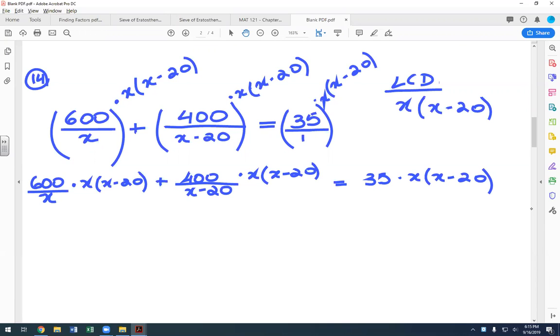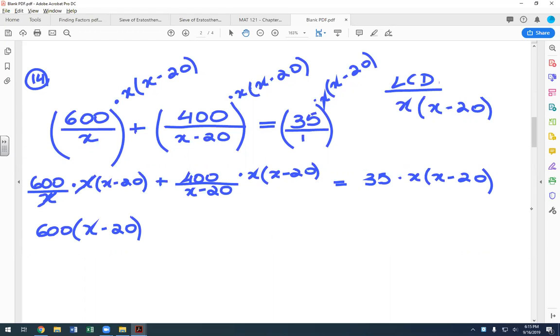What do you think is going to happen with our denominators? Start canceling out. So on the first expression, the X will cancel out with the X from our least common denominator, leaving us behind with 600 times the parentheses X minus 20. So what do you think will cancel out in our second fraction? The X minus 20.